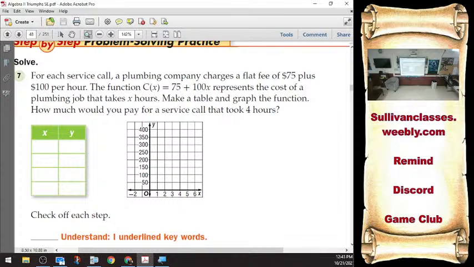In the real world, it's very common in terms of purchasing things that you have to pay a fee and then a rate. For example, this time of year, how many people are turning on their furnace for the first time and it doesn't turn on?